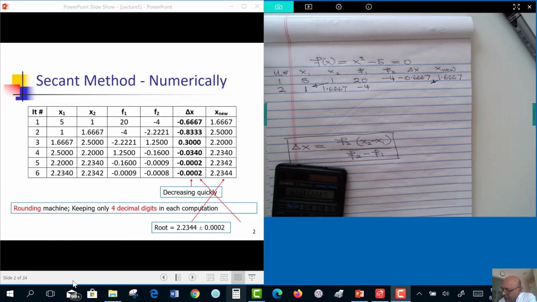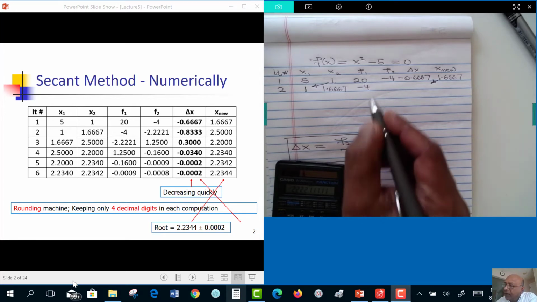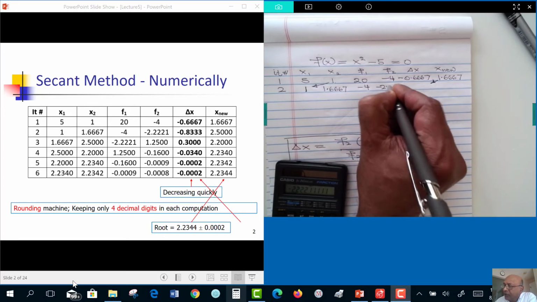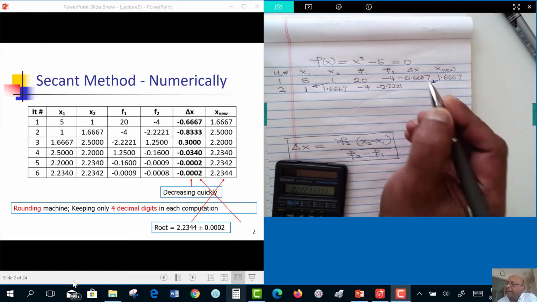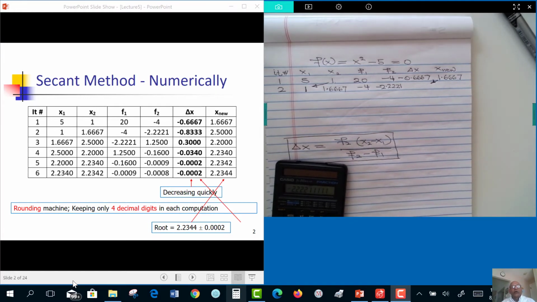So I punch in 1.6667 squared minus 5, and I'll get minus 2.2221. So we keep going this way. You should really take a calculator and follow along. See if you get these values yourself, because you'll be doing similar problems on your tests and final exams.